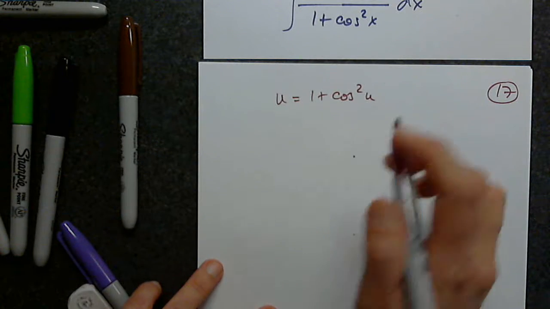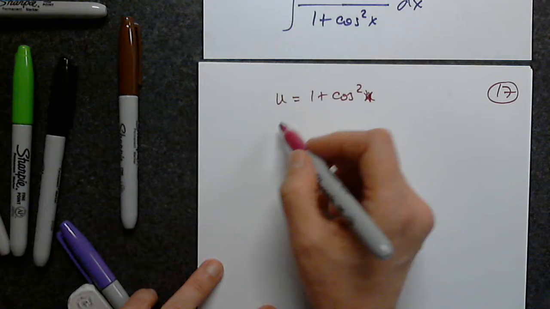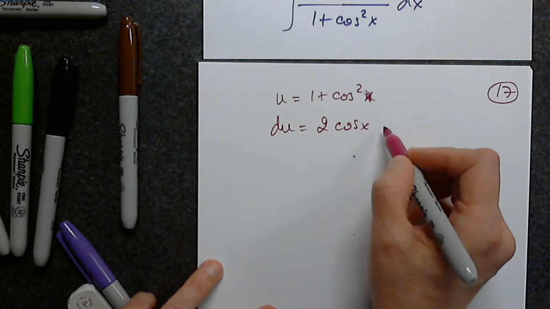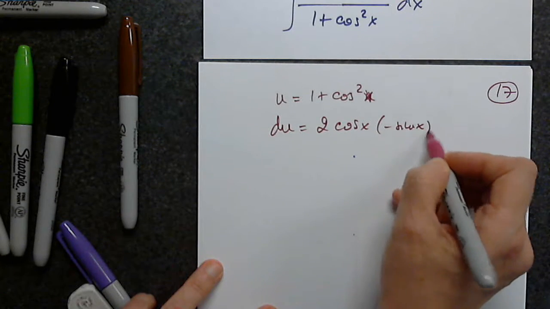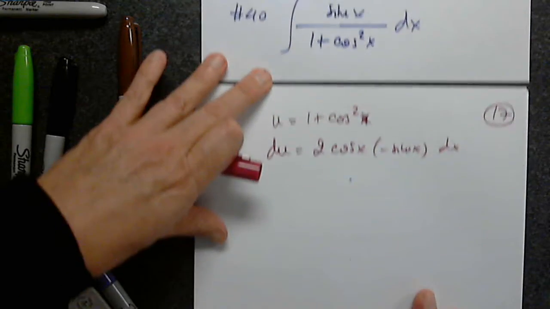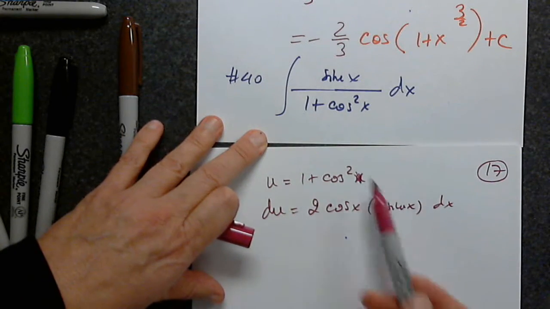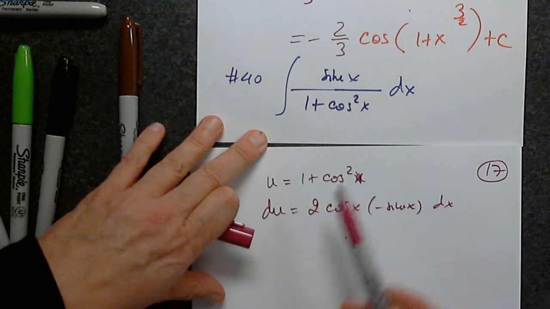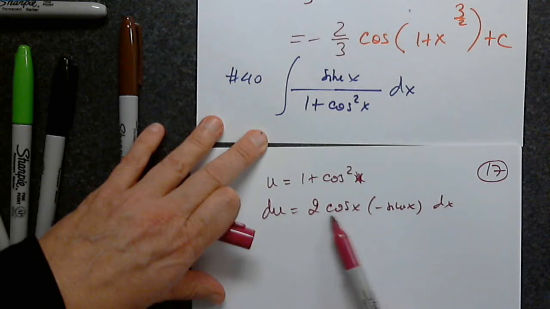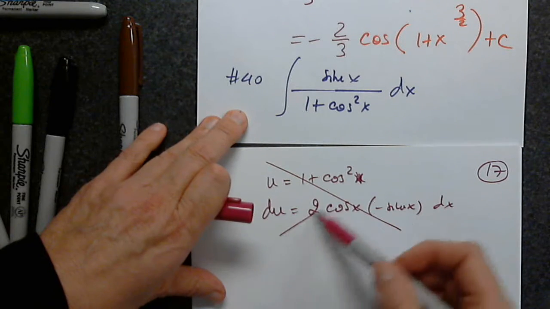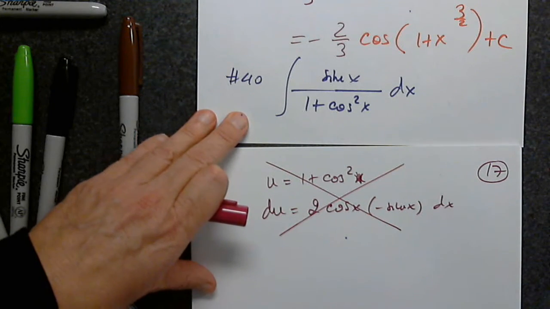If you use this, then du will be 2 cosine x times negative sine x times dx. I can make the cosine at the top. I have the sine, I have the dx, I can make up the 2, but I can't make this one up. So this is not working in this case.